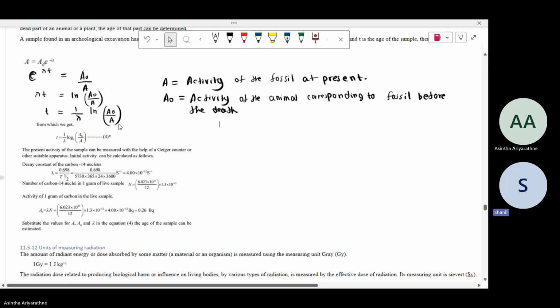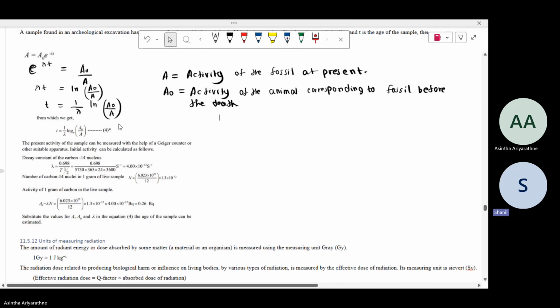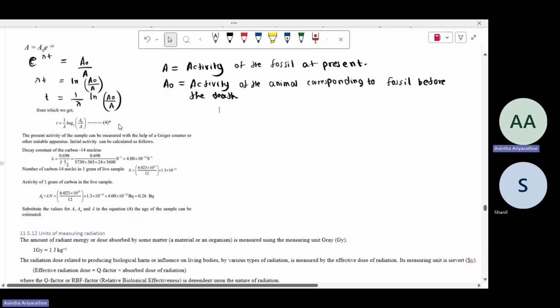So for the carbon-14 nucleus, the multiplication of lambda and T half is 0.698. Is it ln2? ln2 is 0.693, because previously we put 6.93.